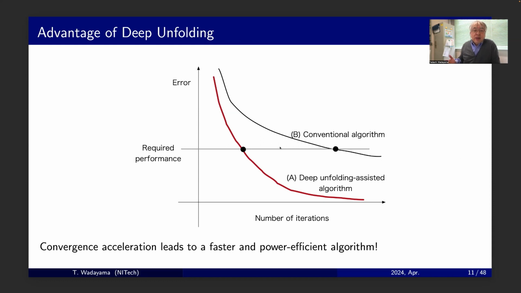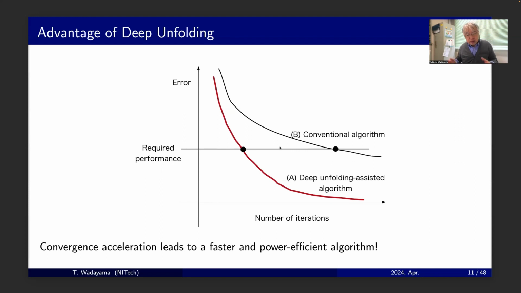Therefore, a lower curve is better performance. Okay? The red curve represents the performance of the deep unfolding-based algorithm. Compared with the conventional algorithm, the deep unfolding-based algorithm needs a significantly smaller number of iterations for achieving the required performance. Such convergence acceleration has been observed for many deep unfolding-based algorithms.